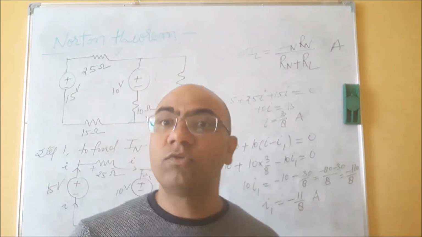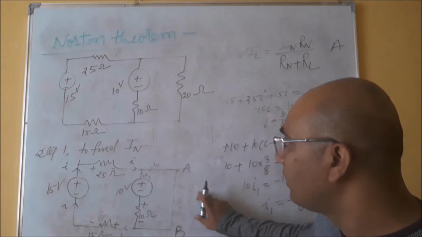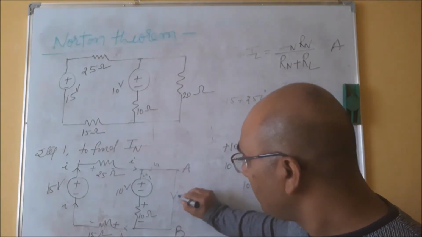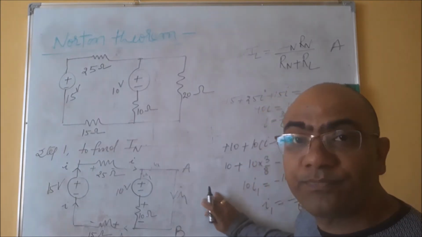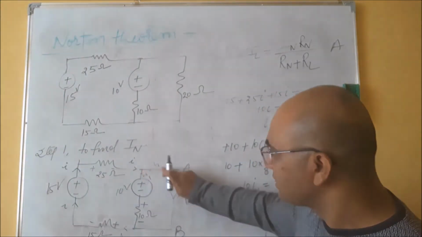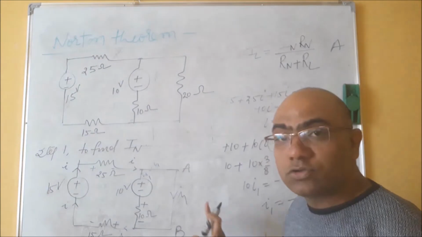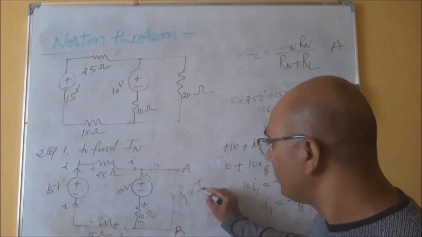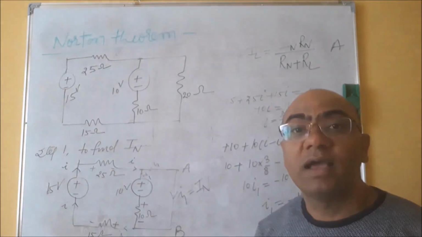Now what is the value of the current in branch AB? If you see, the current in branch AB is I1. You see I1 is coming like this. So the current in branch AB is I1, and according to the theorem, this I1 is IN.